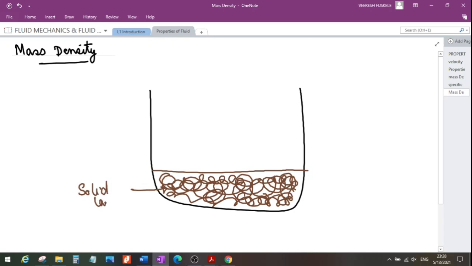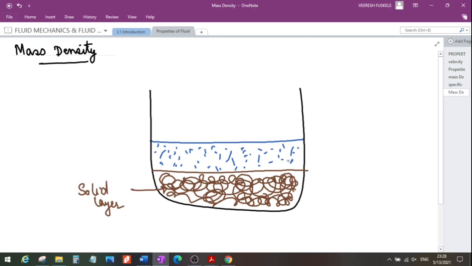Then on the top of that we have a thin layer of salt water, right? Salt water is heavier than fresh water. And above this, we know there will be a thin layer of fresh water, right?